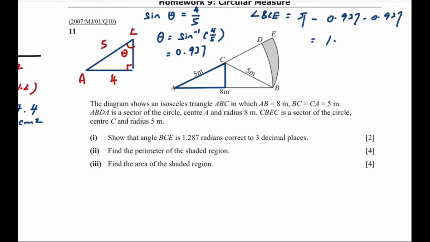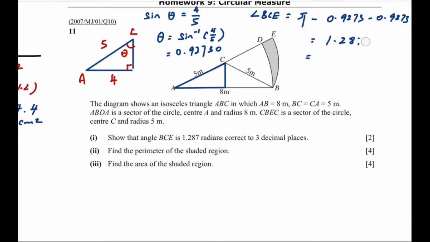So the answer should be 1.28759, and then you round it off. Maybe you should give more here. Okay, we give more here. Shift sine 4 over 5 here. 0.92729 30.